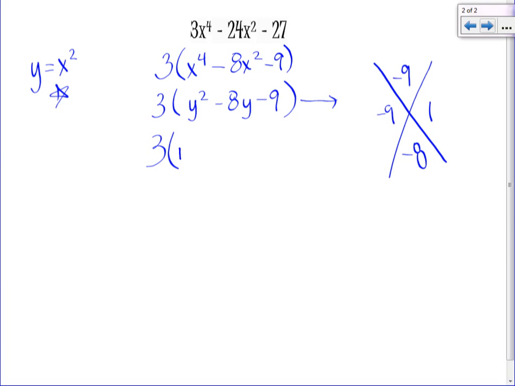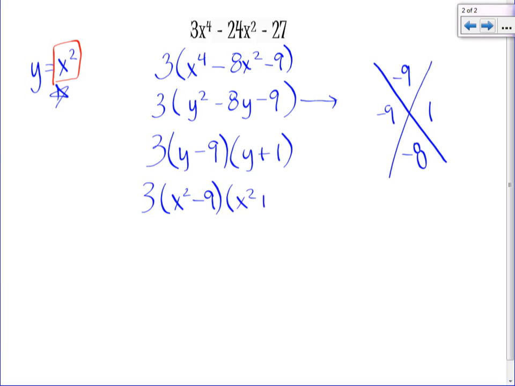We've got y minus 9 and y plus 1. Okay, but now we're going to substitute back in what the original was, which instead of writing a y, we're going to drop our x squareds back in. So we've got 3, x squared minus 9, and x squared plus 1.